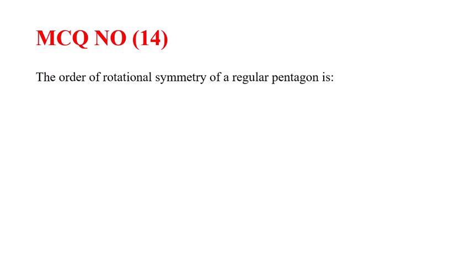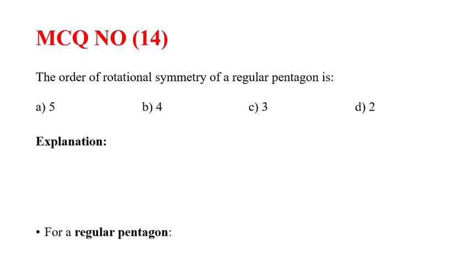MCQs number 14. The order of rotational symmetry of a regular pentagon is. The given options are: option A is 5, option B is 4, option C is 3, and option D is 2. Explanation.